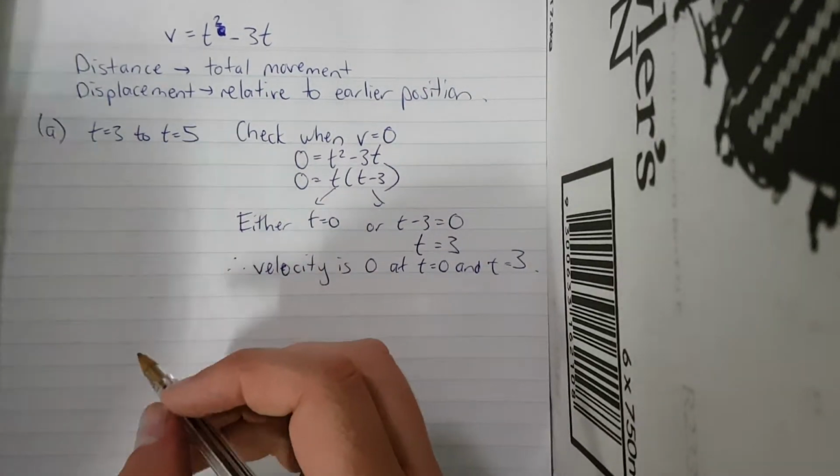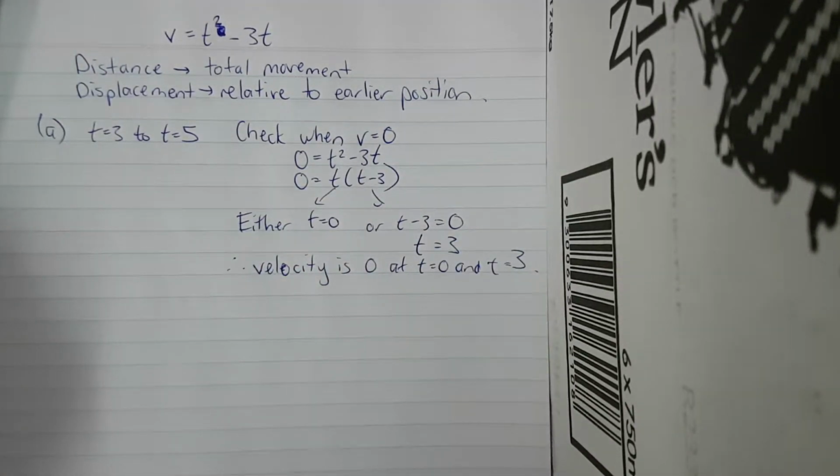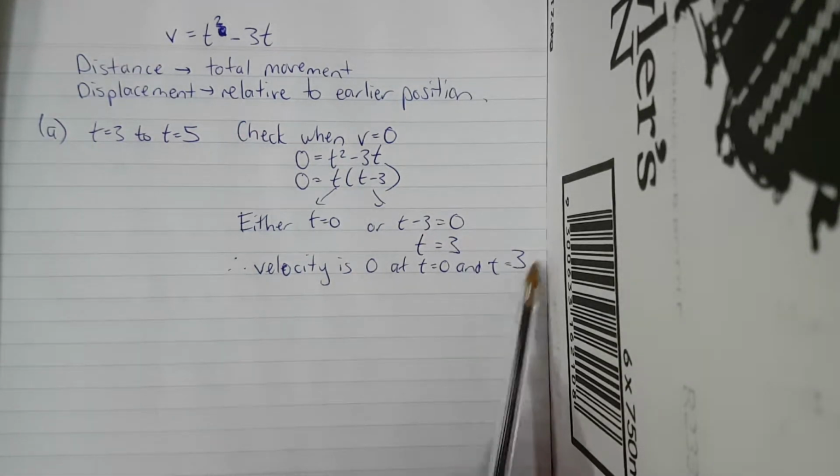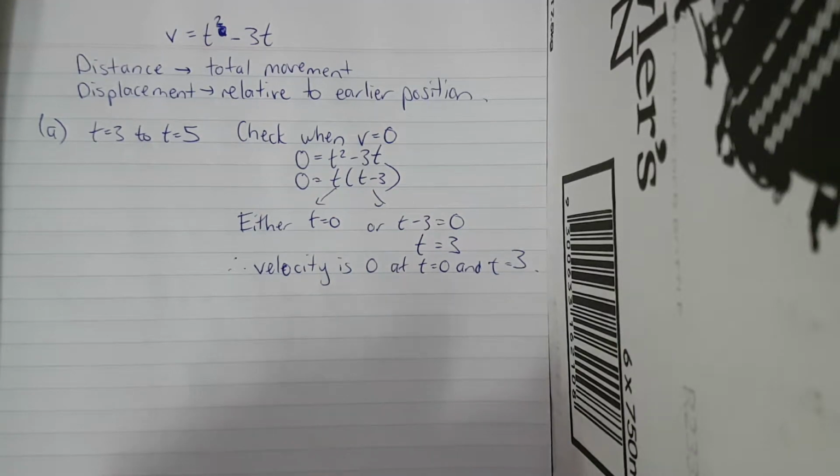So, question A says a distance travelled between t is 3 and t is 5. The good news about that particular, technically it's a domain, is that except for precisely at t is 3, there isn't a point there where it potentially crosses the x-axis.